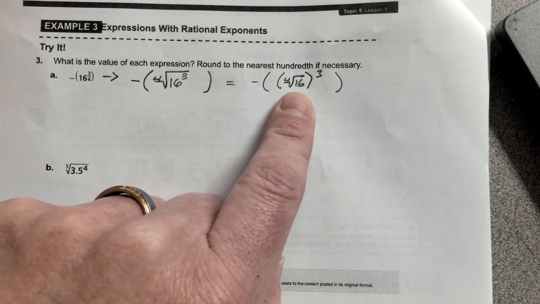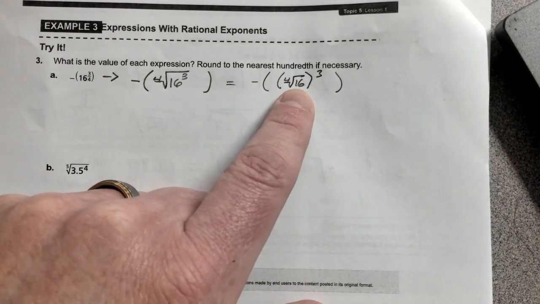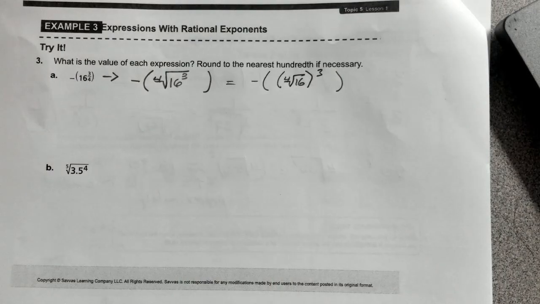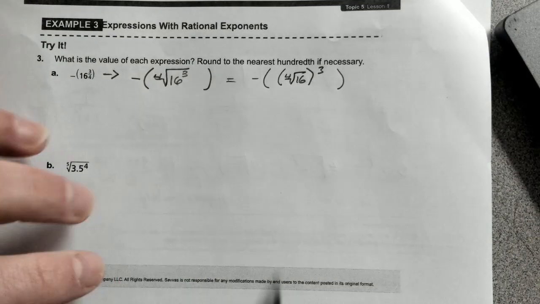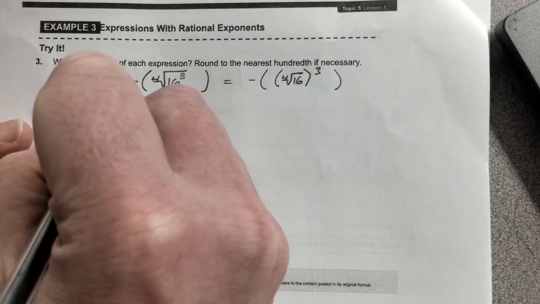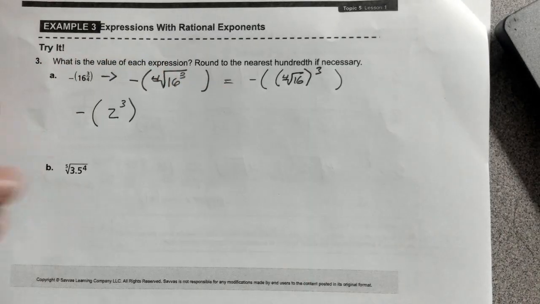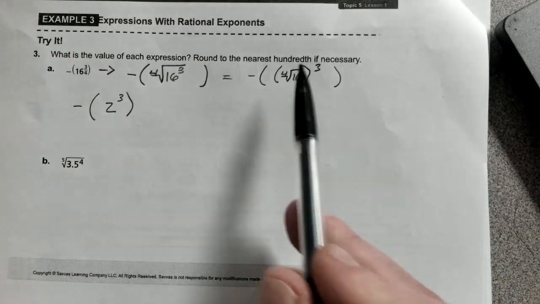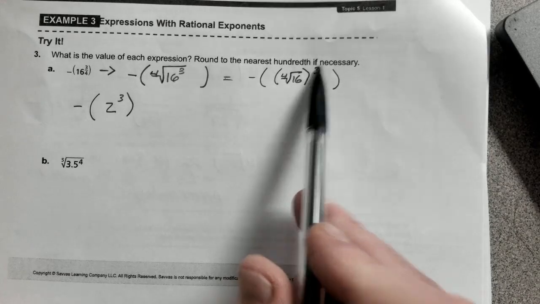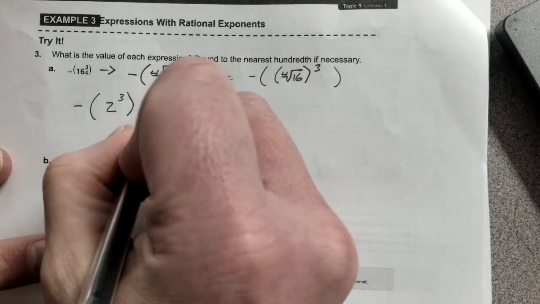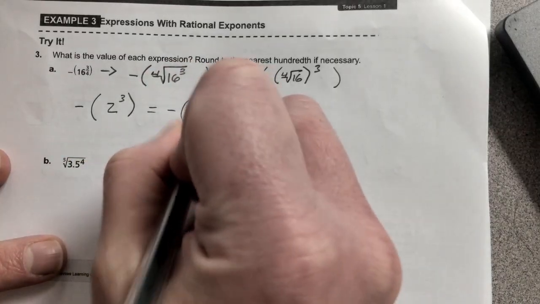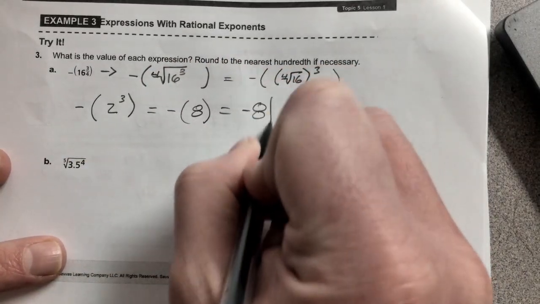So, I've created a little bit of work for myself, but that's okay. The 4th root of 16, what's the principal 4th root of 16? 2. That's exactly right. So here now, on the inside, we have 2 cubed. Right, 4th root of 16 is 2. 2 cubed is on the inside of those parentheses. 2 cubed is 8, so here we have negative 8, which is nothing more than just negative 8.